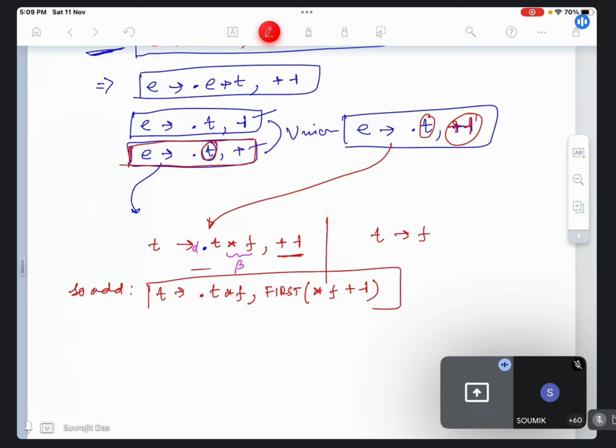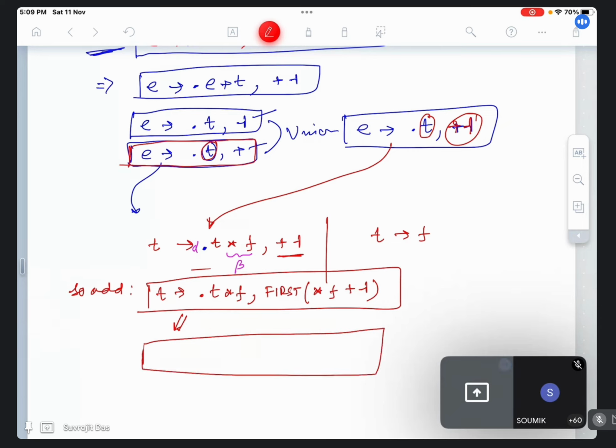So this becomes a new LR1 item that looks like T goes to dot T star F, and plus star. So this is another LR1 item that you actually generated from here.